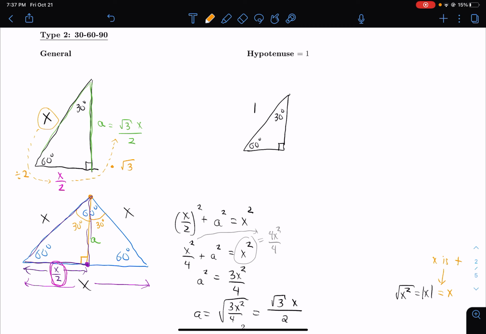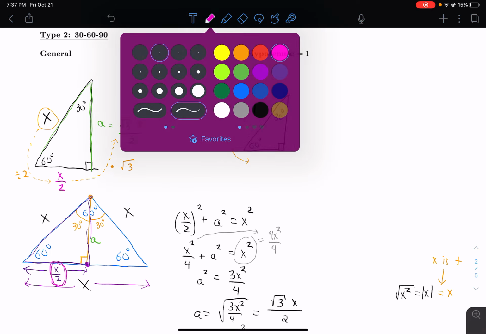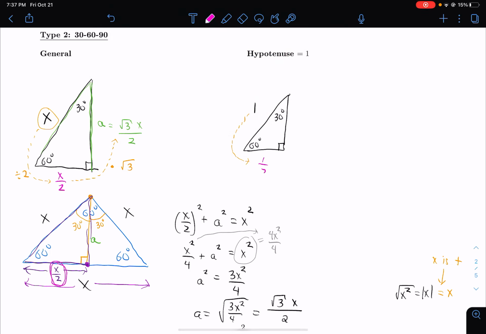Okay, so what are the side lengths going to be in this hypotenuse 1 triangle? Let's see if we can use this trick that I just indicated to get those side lengths. So if I know the hypotenuse, I divide it by 2 to get this side opposite the 30. So that'll give me 1/2.